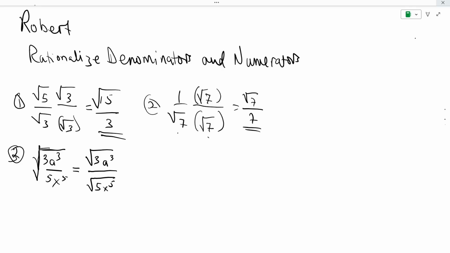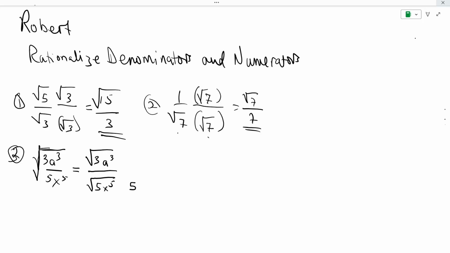We can do that by finding a number which, when multiplied by the radicand in here, gives us a number we can find the square root of. Since this is 5, we can develop a 5 there, because 5 times 5 will give us 25, from which we can get a square root.